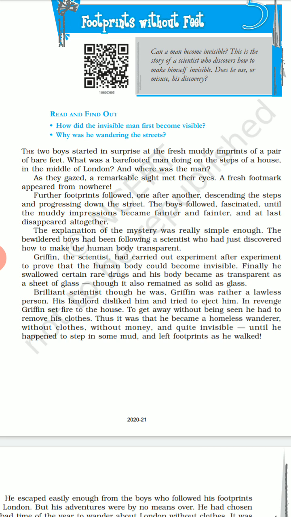One day it so happened that he stepped in some mud, and this is the reason why he left footprints as he walked. If his body is bare, others wouldn't be able to see him, but his feet were stained with mud.